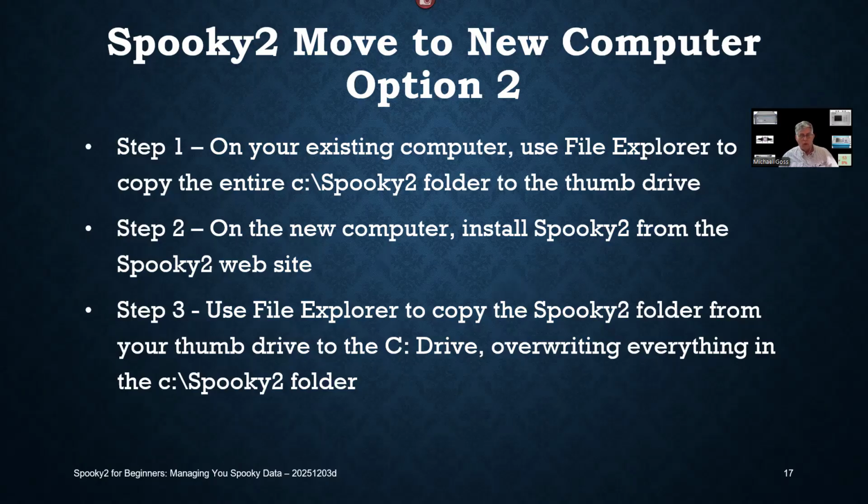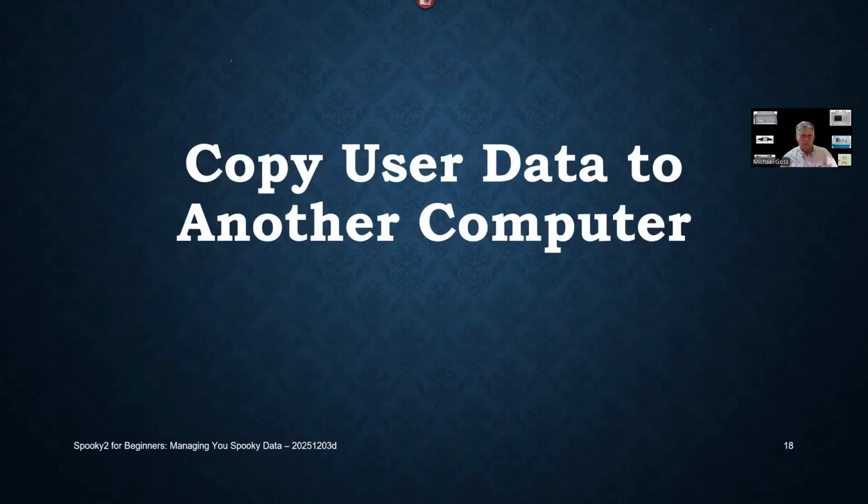Once that's installed, don't run it, just install it. Step 3, use File Explorer to copy the entire Spooky2 folder from your thumb drive to your C drive, which is going to overwrite everything that you just installed, which is fine. You'll be happy with that. It'll work fine for you. It's really simple to do that. A lot of programs can be really a pain, but Spooky is actually really easy to do this.